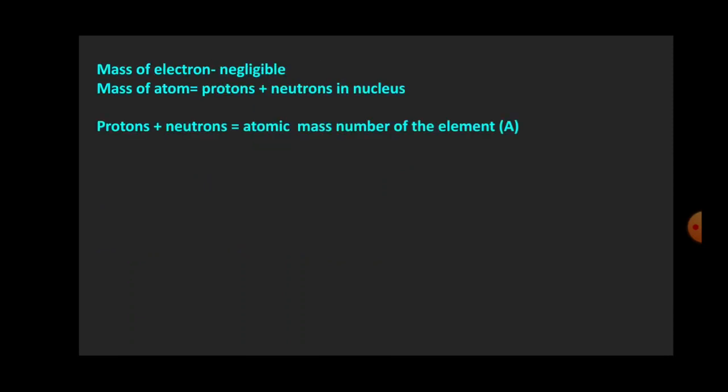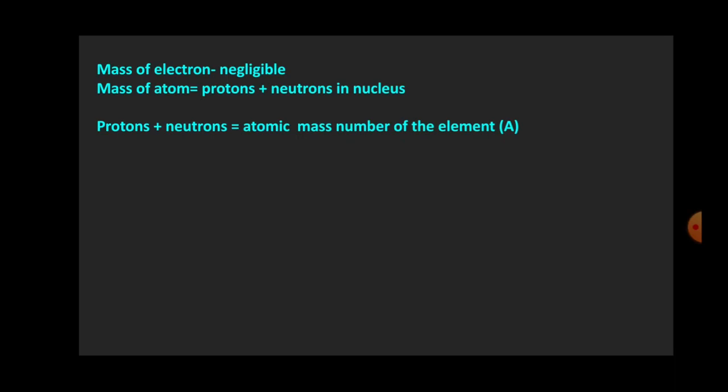Now, the mass of the electron is negligible, right? So the mass of the atom will be equal to the protons and neutrons in the nucleus, because the mass of the electron is almost negligible, less than 1800 times that of a hydrogen atom. So the mass of the atom depends upon the protons and neutrons in the nucleus.